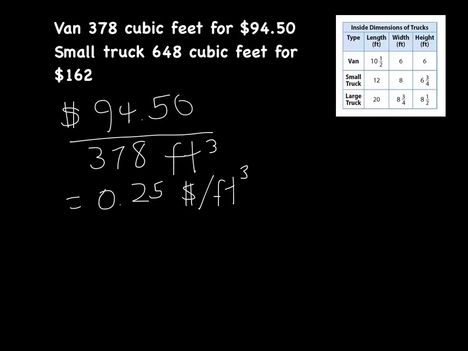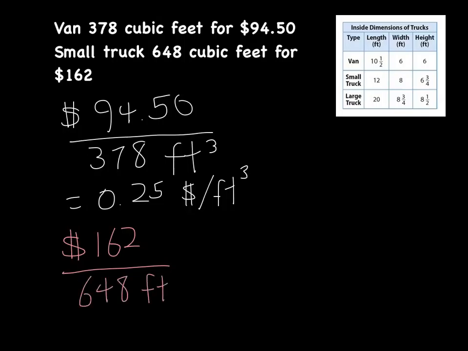Well, let's do that for the small truck. For the small truck, we've got slightly different numbers. We've got $162 over 648 cubic feet. And surprise, you put that into the calculator, you get the same thing, $0.25 per cubic foot.